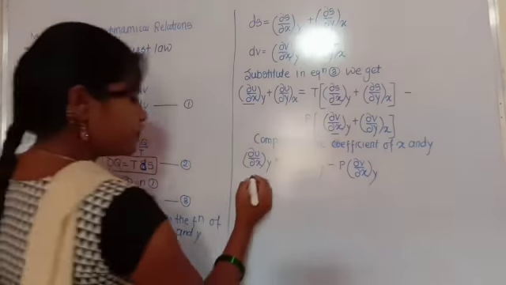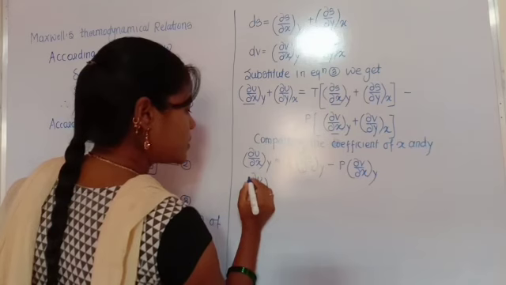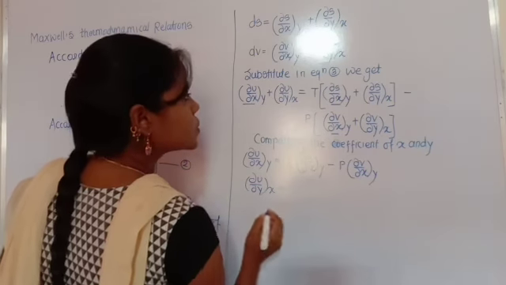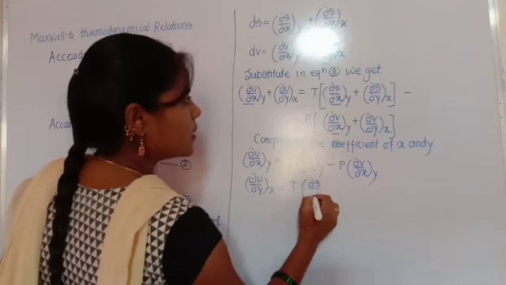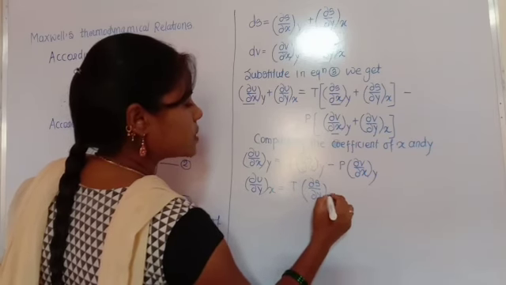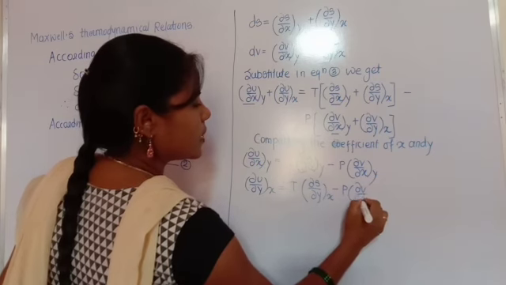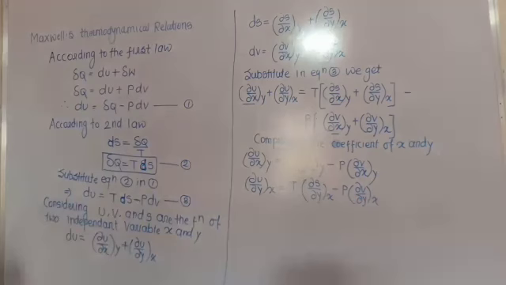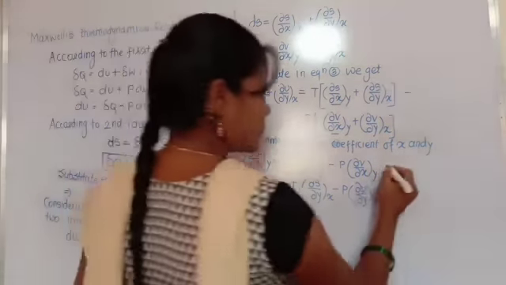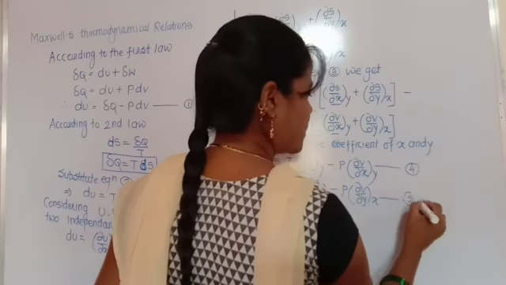Second, del U by del y at constant x is equal to T into del S by del y at constant x, minus P into del V by del y at constant x. So we get two equations, equation 4 and equation 5.